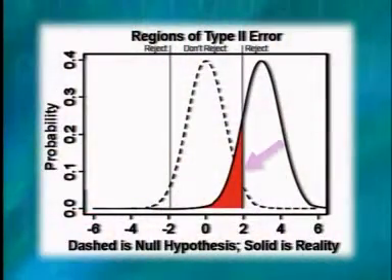A type 2 error, on the other hand, is the opposite. It happens if the reality of the world is actually different from the null hypothesis, but we fail to reject the null hypothesis. This happens in this region. Suppose that we get data, so here the null hypothesis is this dotted line. These are the results that would come about if, in the case of the lady tasting tea, the null hypothesis is that she was just guessing.